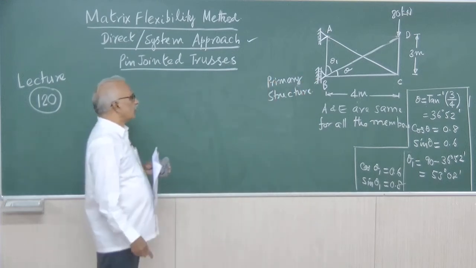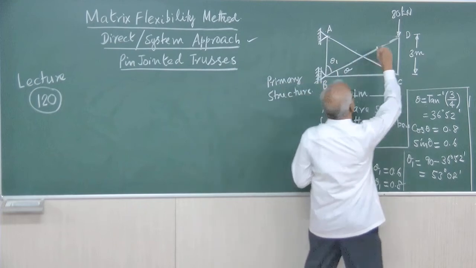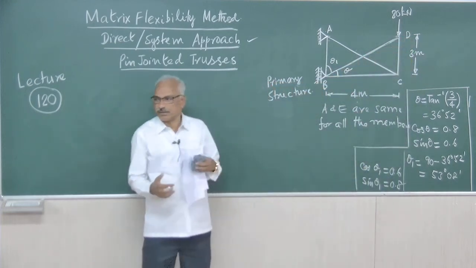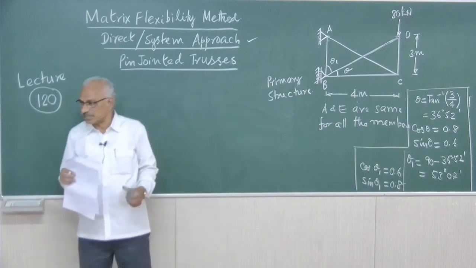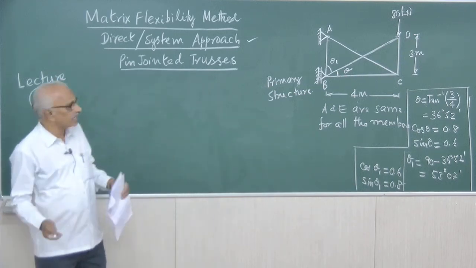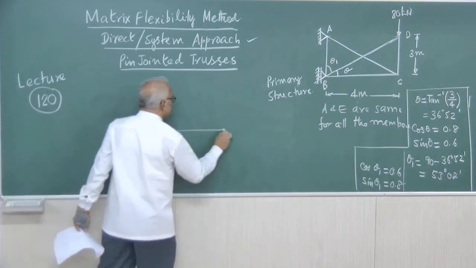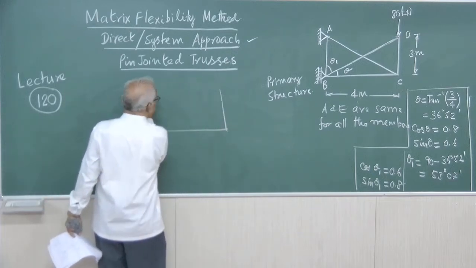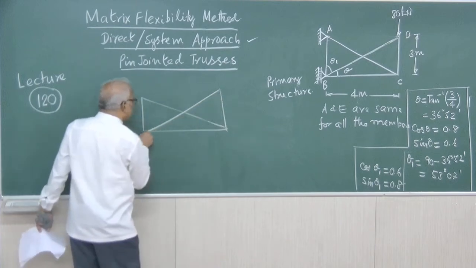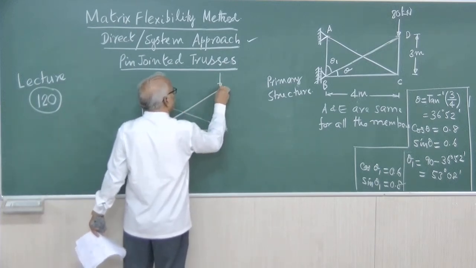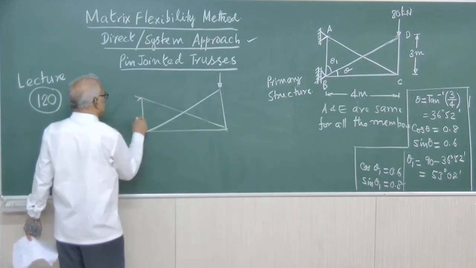Right. Now, what we have done in the strain energy method, we have already done the same problem. I don't remember the lecture number. In the strain energy method, the horizontal member of this truss is redundant. This is the given force, these are the supports.